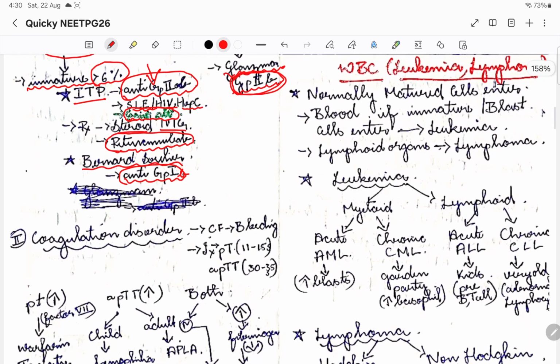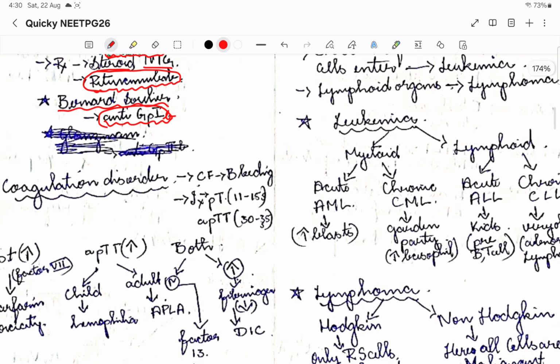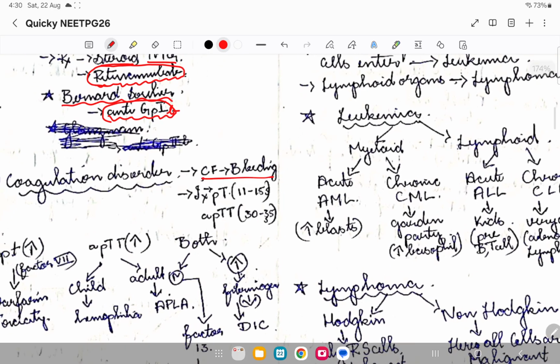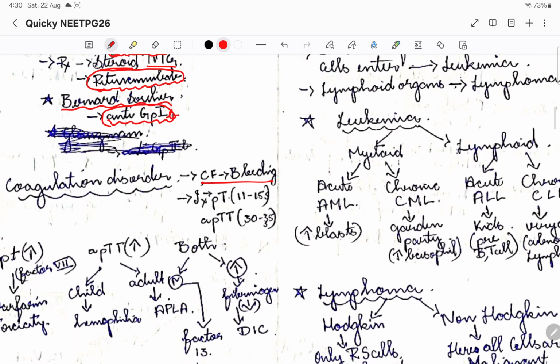That's it. Now let us move on to coagulation disorders, where the clinical feature will be bleeding. In platelet disorders it was petechiae or purpura. See, in dengue we see petechiae and purpura right in the beginning, but only in the later parts do we see bleeding.